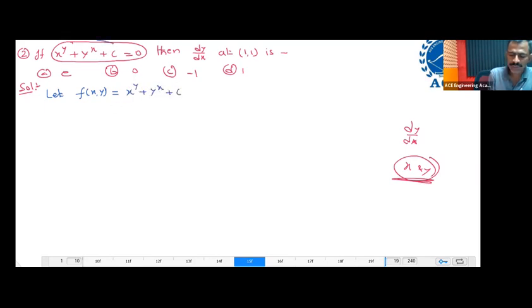We are taking this as an implicit function in terms of x and y. According to implicit differentiation, the derivative is given by minus fx by fy only. So we try to find the first order partial derivatives of this. Then fx, that is dou f by dou x, and we find fy, that is dou f by dou y.